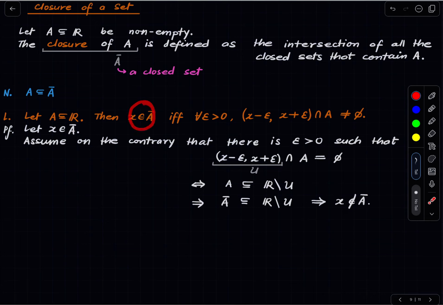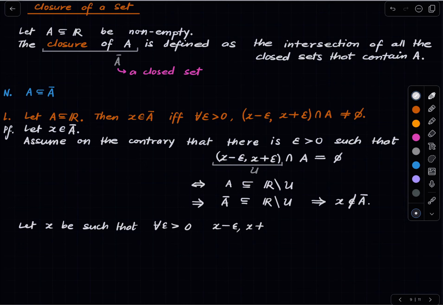So we started with this and proved that, and now we want to prove the reverse direction. Let x be a real number such that for all epsilon greater than 0, this room around x intersects A non-trivially.